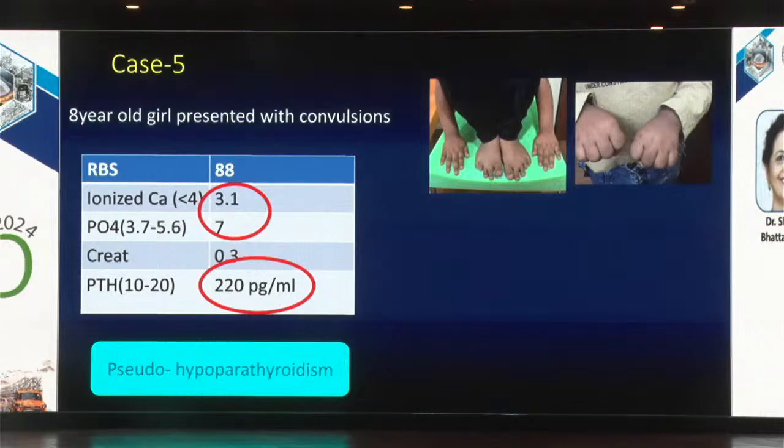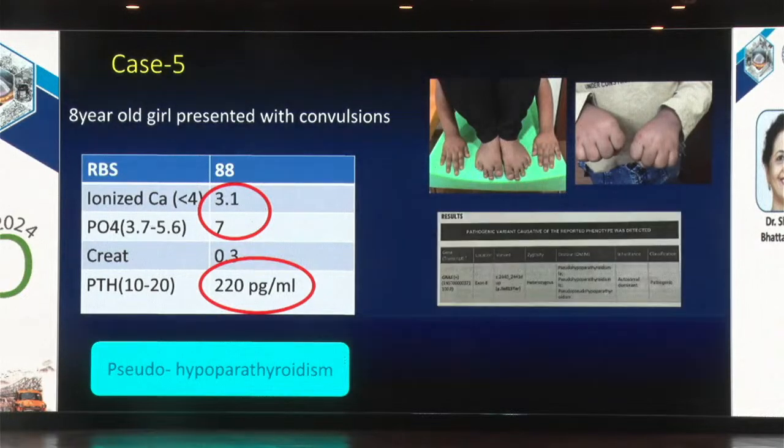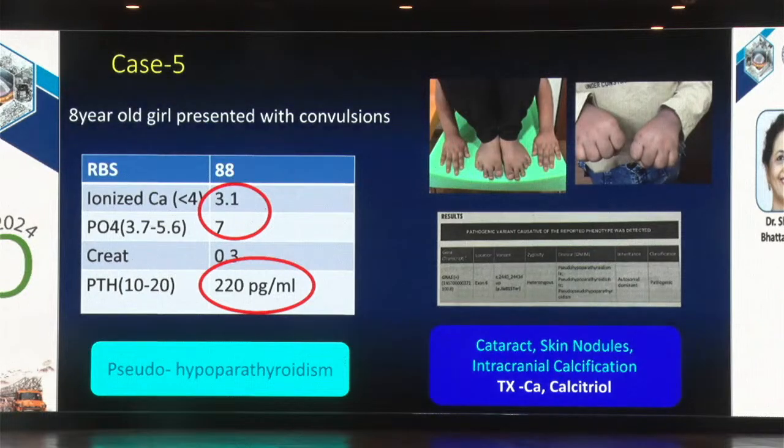Siblings, hypothyroidism, hypoparathyroidism, short metacarpals, metatarsals. You want to make any diagnosis? So I sent for genetics, and you got GNAS mutation positive, okay? So when these kinds of children come to you, they will have hypothyroidism, hypoparathyroidism, short stature.